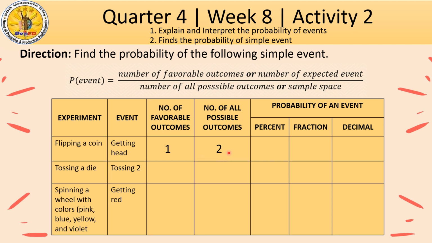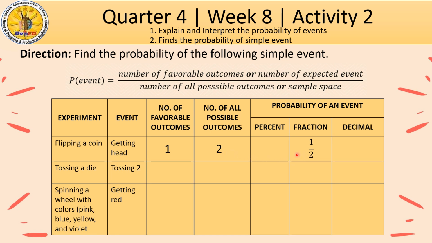Now, we can now find the probability of an event. So, we have 1 for the number of favorable outcomes, and we have 2 for number of all possible outcomes. So, the probability of an event in fraction first is 1/2. How did we get 1/2? Because the number of favorable outcomes is 1 and the number of all possible outcomes is 2.